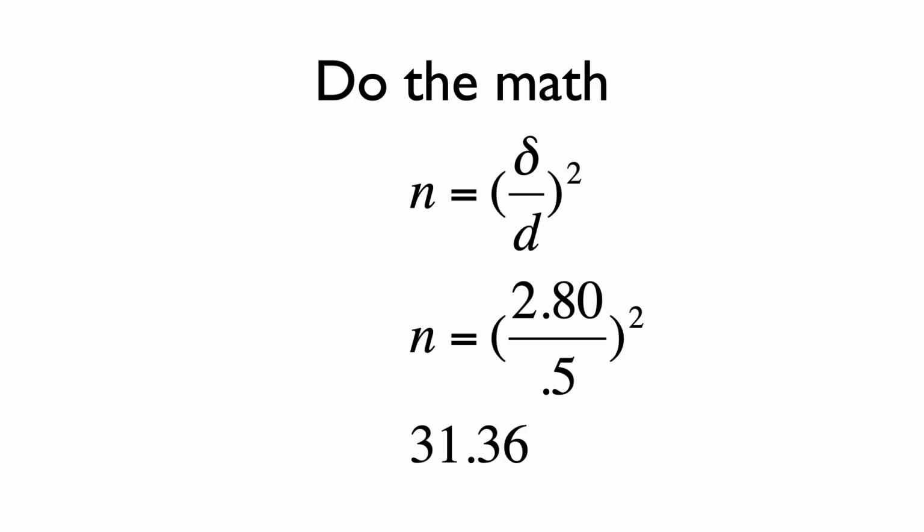Okay, so before, what did we have? We had delta equals d times the square root of n.